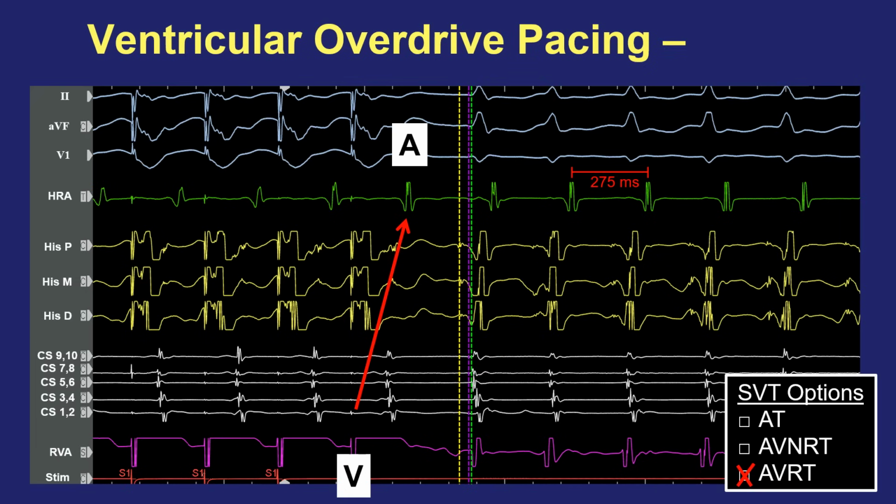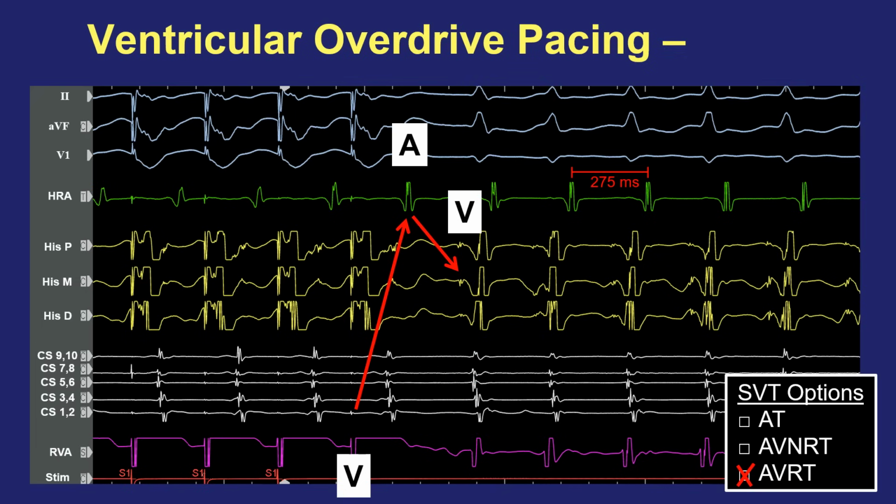So you might say, I don't know which is the next thing, V or A, but remember the His bundle counts as a V because we're going back down to the ventricle, hitting the His bundle first.